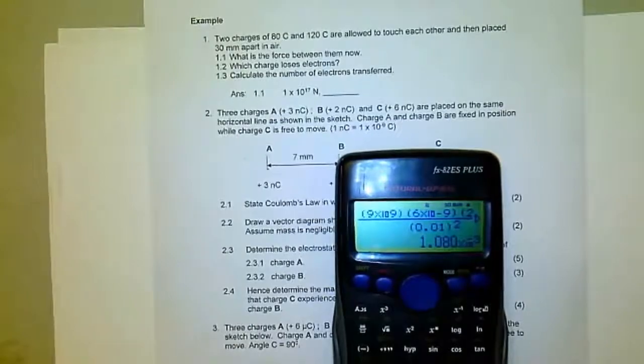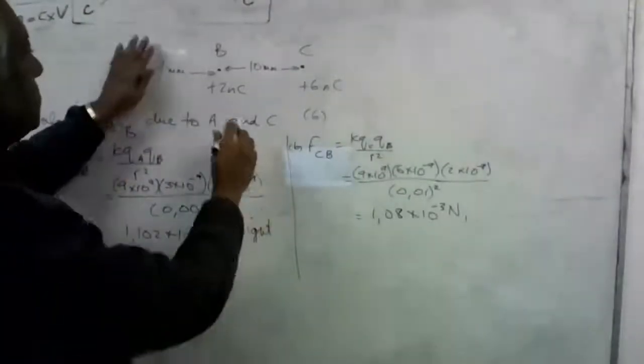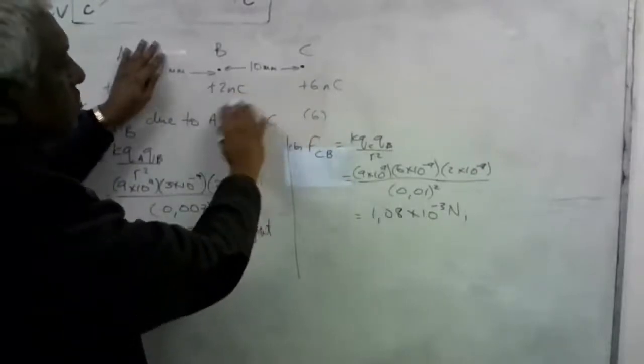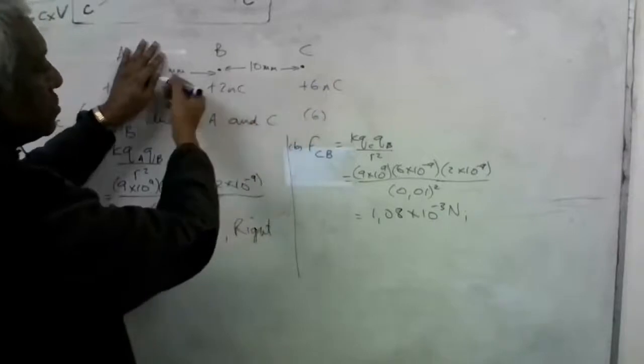Right, and then B and C are also both positive, so therefore C will repel B to the left.